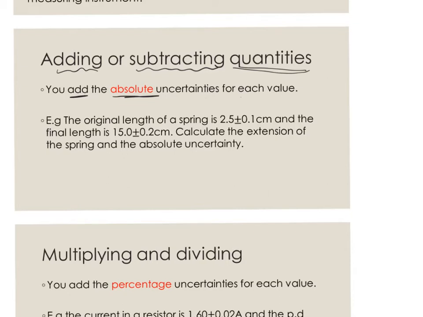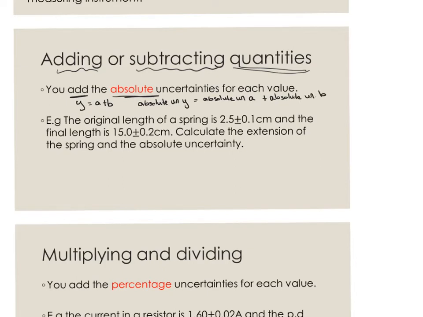I'll write it in a general form. So let's say you have y is equal to a plus b. Then if you want the absolute uncertainty of y, you have to add the absolute uncertainty of a plus the absolute uncertainty of b.